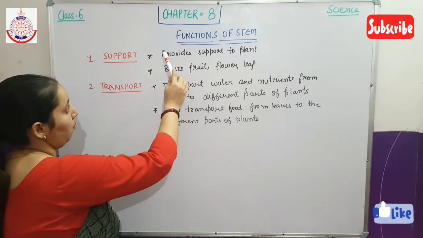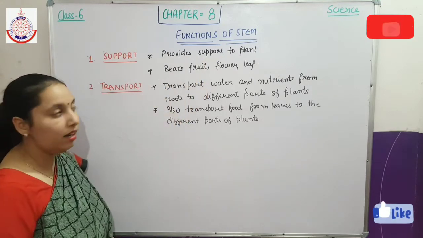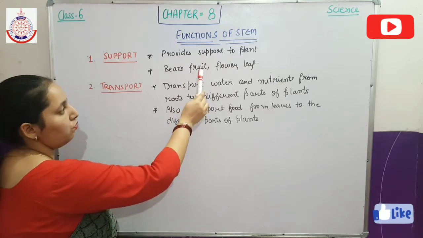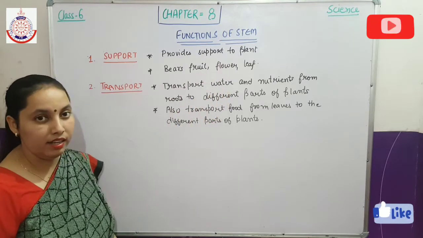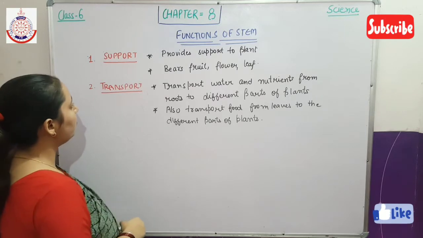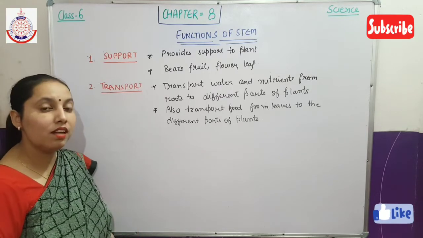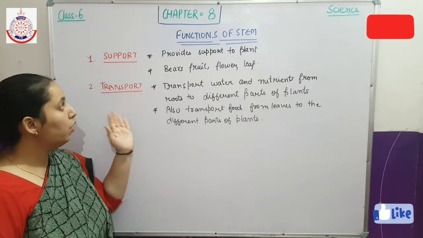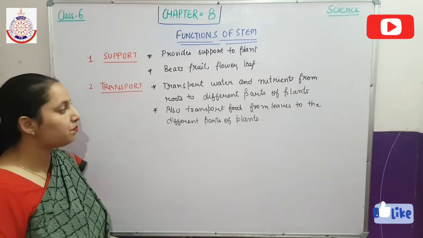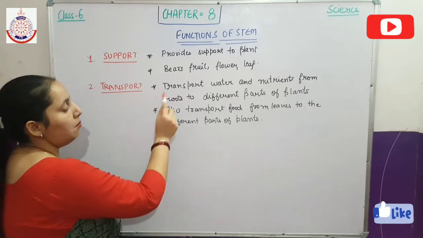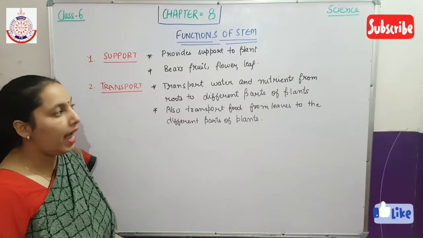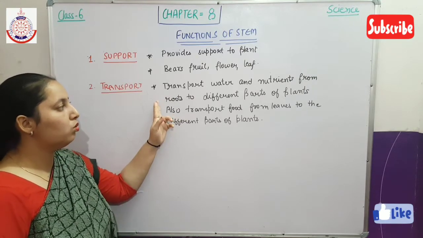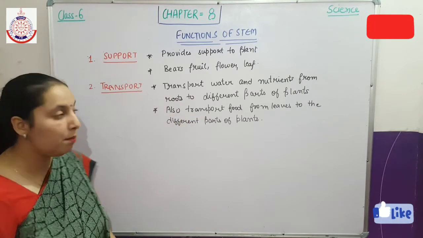So the stem provides support to the plant and it also bears fruit, flower and leaf. The second function of the stem is transport. This is a very important function of the stem. The stem transports water and nutrients from the roots to different parts of the plant.